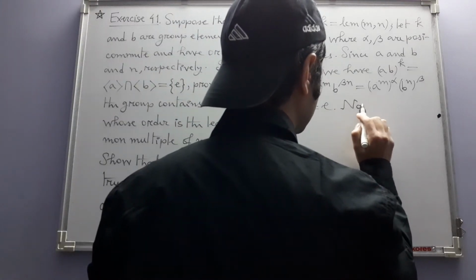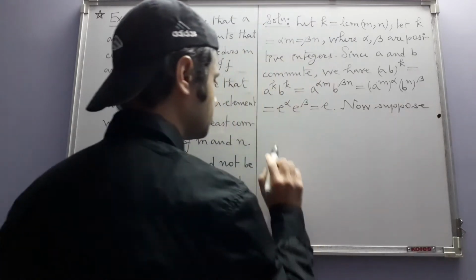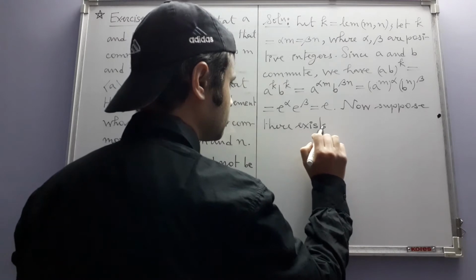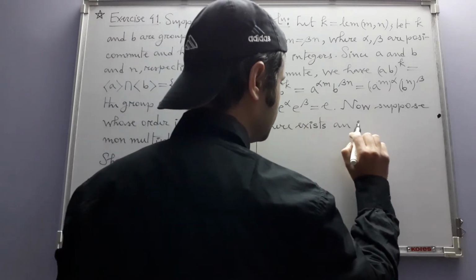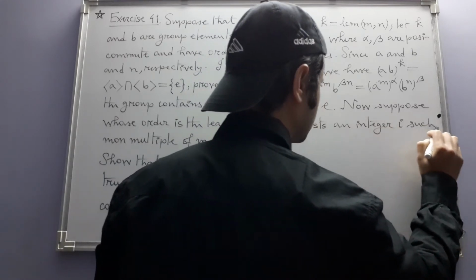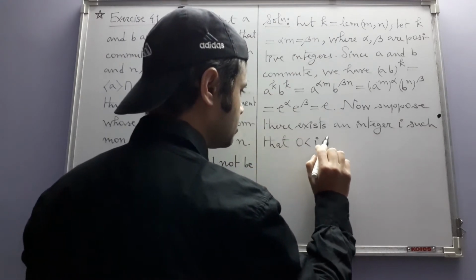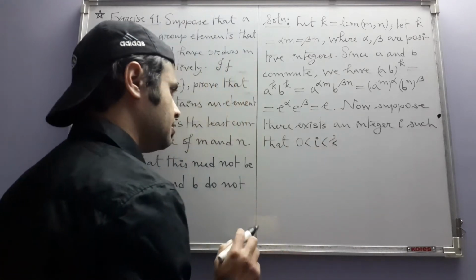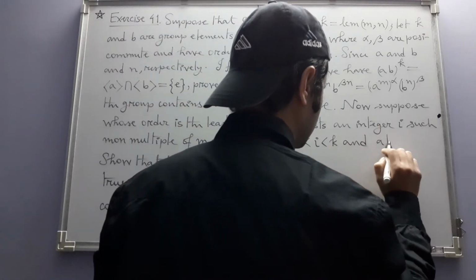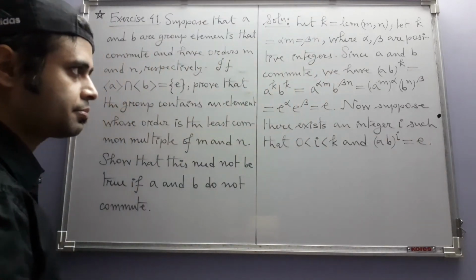Now suppose there exists an integer I such that I is a positive integer, it is less than K, and the Ith power of AB is also equal to identity.